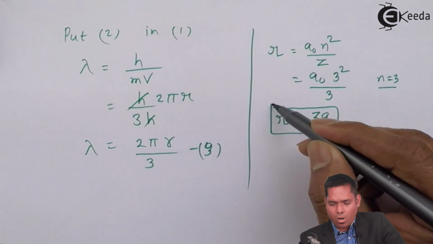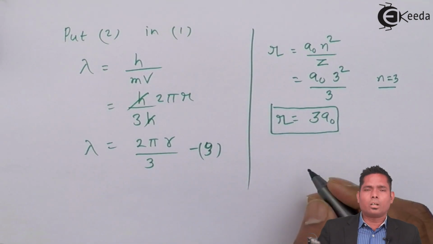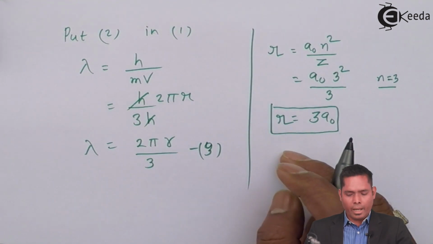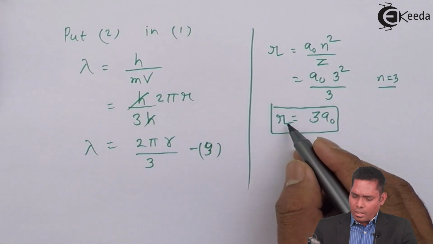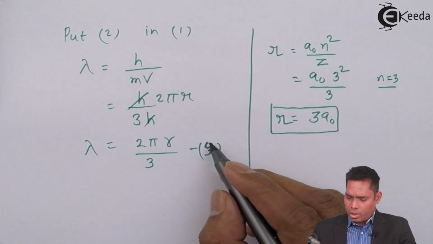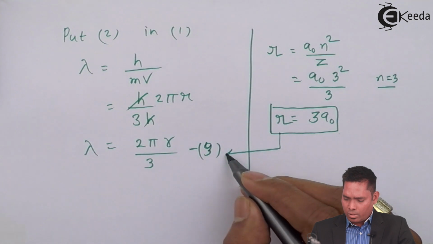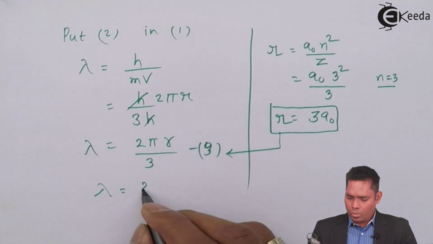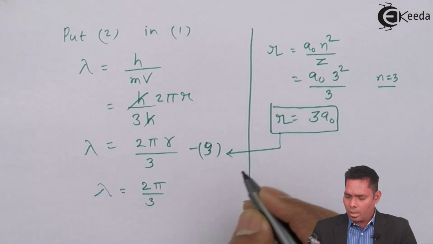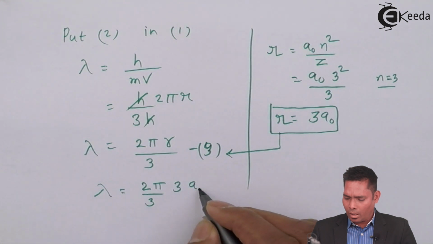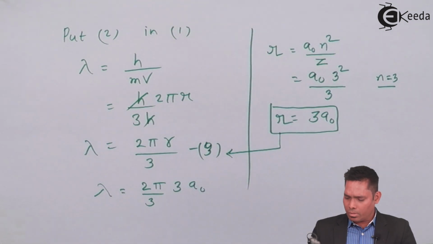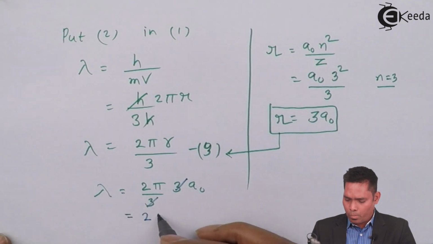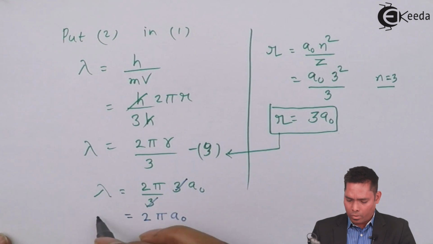This is the radius of the third orbit of lithium ion, and this r I will put in equation 3. Then I'll get lambda equals 2 pi over 3 times 3 a naught, so the 3 cancels out and this becomes 2 pi a naught.